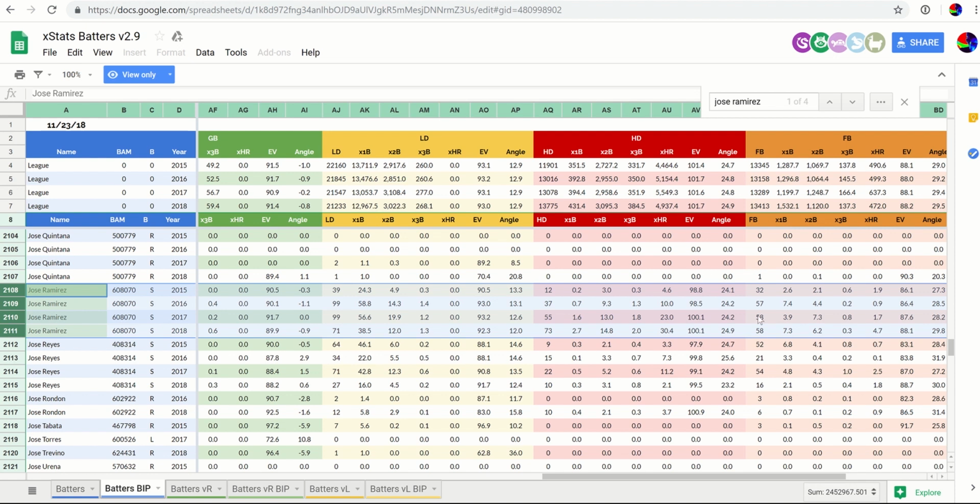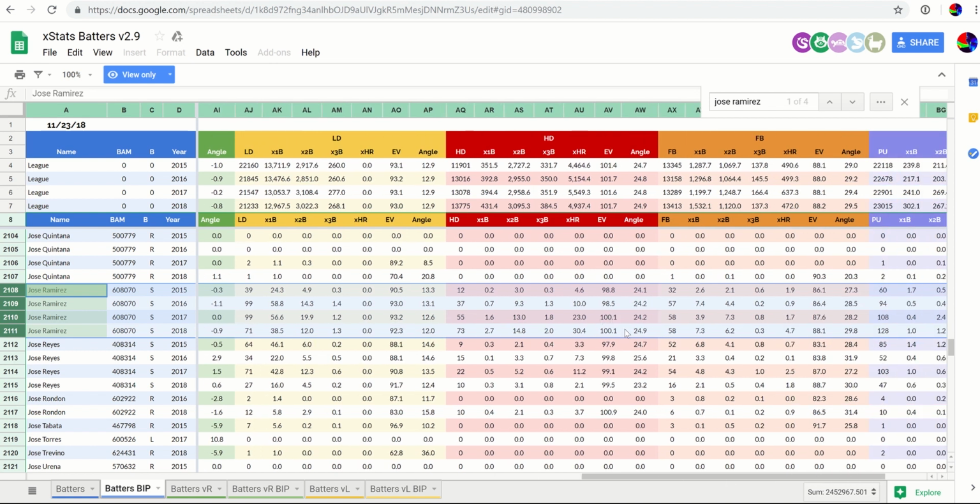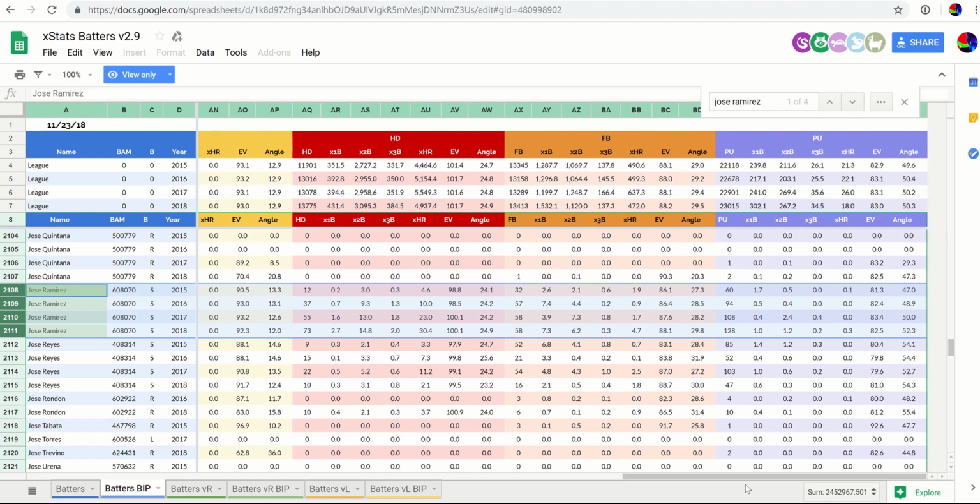You're not going to see a ton of change necessarily in terms of the angle and the exit velocity, and that's only because the batted balls are grouped based on their exit velocity and launch angle. So it's not taking every single ball hit at a 20-degree launch angle and giving you the exit velocity for those balls. It's actually categorizing the different balls hit at 20 degrees based on their exit velocity and putting them in different categories. And then you also have the splits down here.